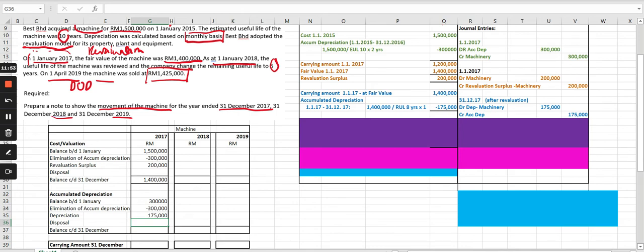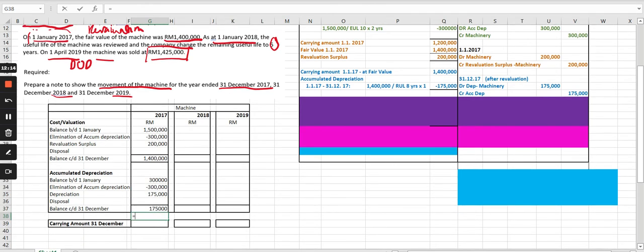Your balance at the end of the year, there is no disposal in this year, so I just put nil. Then you just sum it up. The carrying amount for the first year would be 1.4 minus the accumulated depreciation 175. So it is 1225, and this 1225 is your carrying amount.